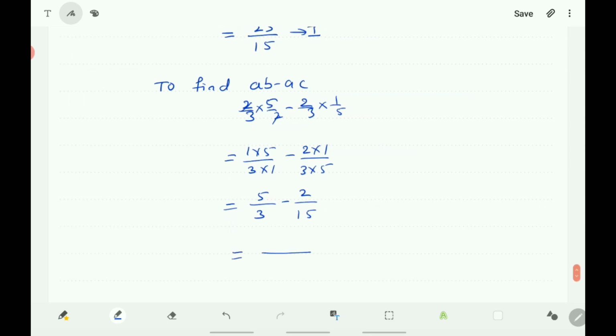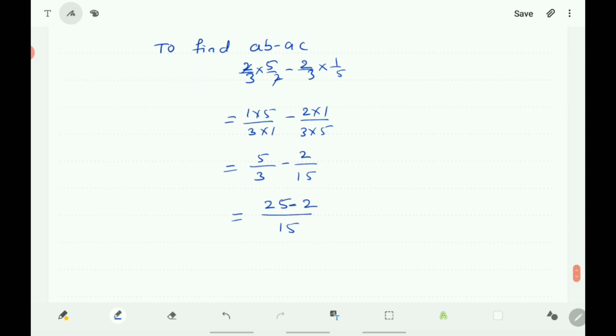Then the LCM of 3 and 15 is 15 only, because in the table of 3 there is 15. 3 fives are 15, so I write 3 fives are 15, 5 fives are 25, minus 15 ones are 15, 2 ones are 2. So again here 25 minus 2 is 23 by 15.